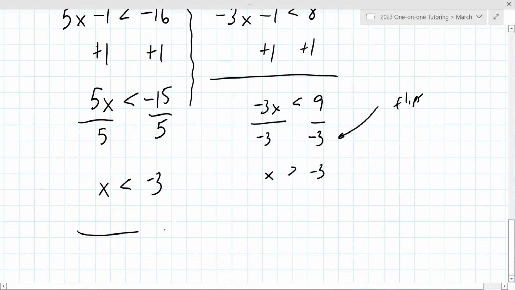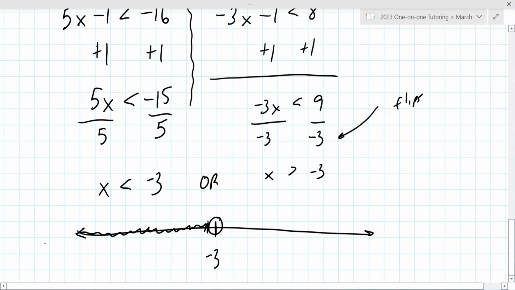Okay. So this one's a little bit odd because all of a sudden we have the same number, and that's okay. It's not the best, but it's okay. The first one says x is less than -3. So you put a bubble there at -3, open circle, shade everything to the left. Okay.